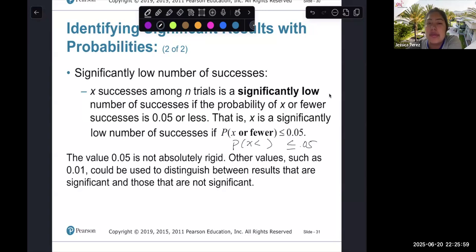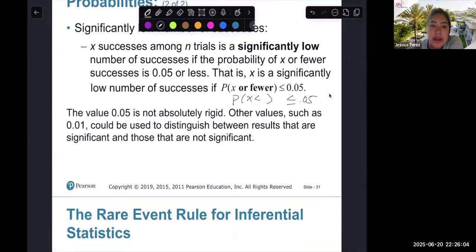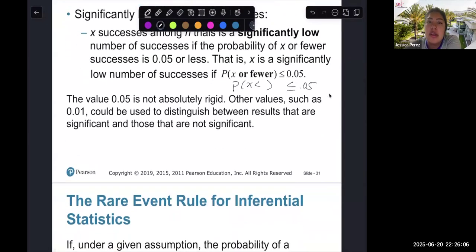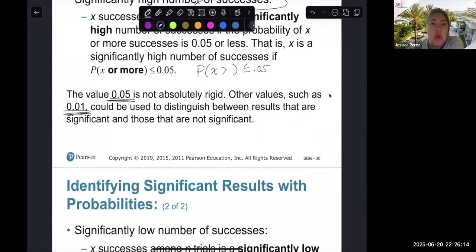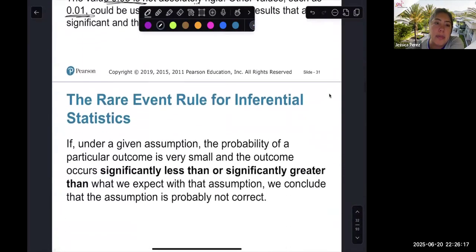That is, X is a significantly low number of successes. Again, 0.05 is not absolutely rigid. You can also have values such as 0.01.